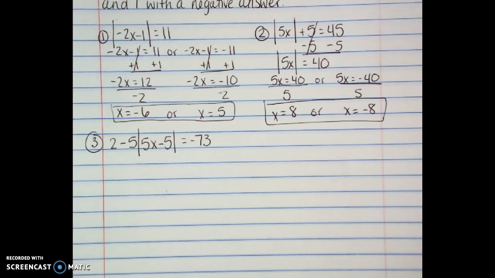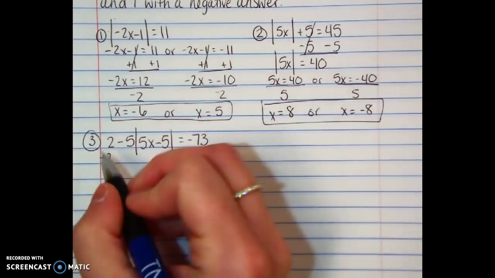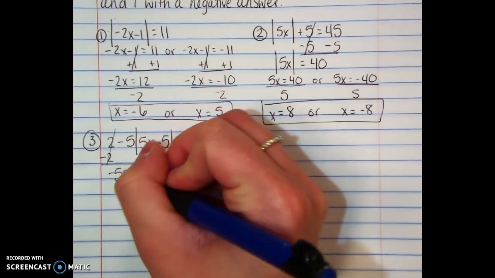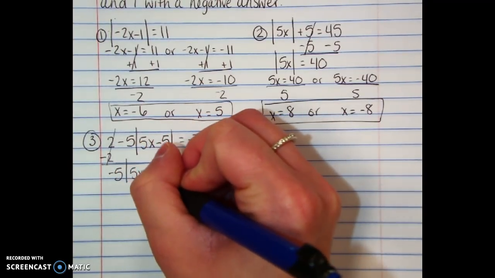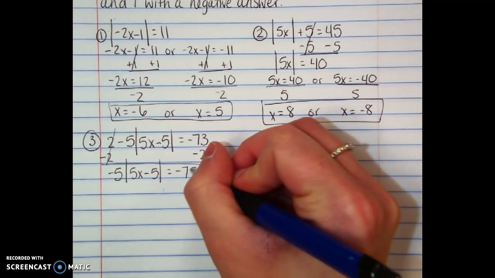So eventually to undo that, we will have to divide by it. But first, you should be adding or subtracting something. In this case, you are subtracting 2. So that is negative 5 times the absolute value of 5x minus 5 equals negative 75.